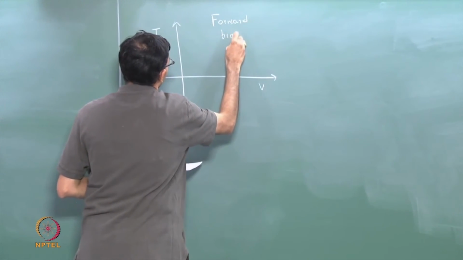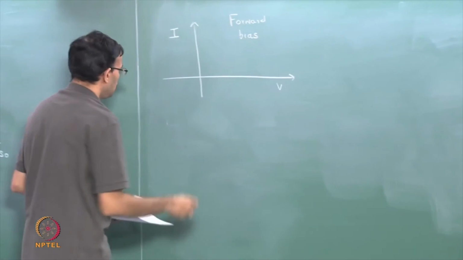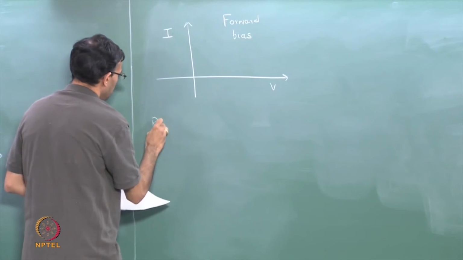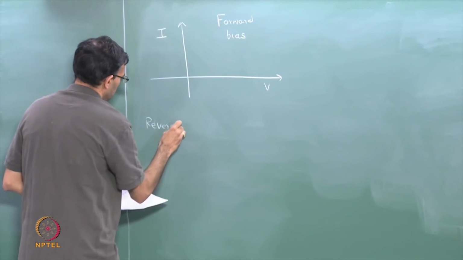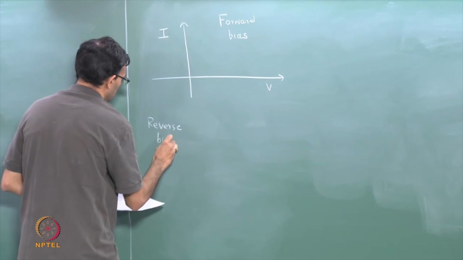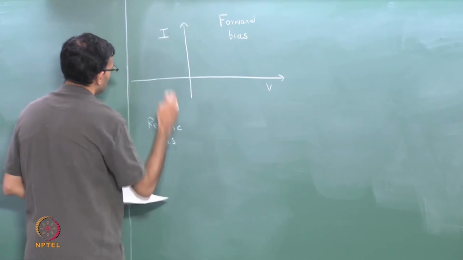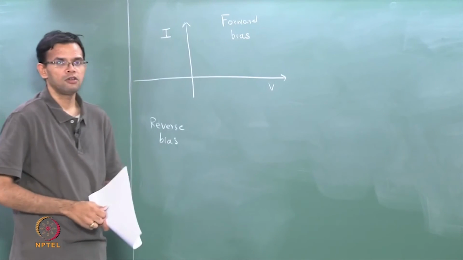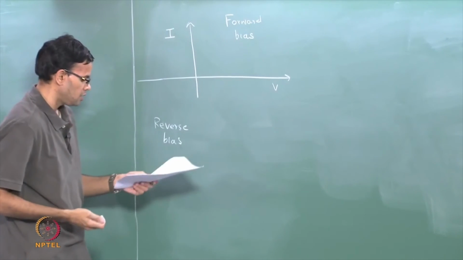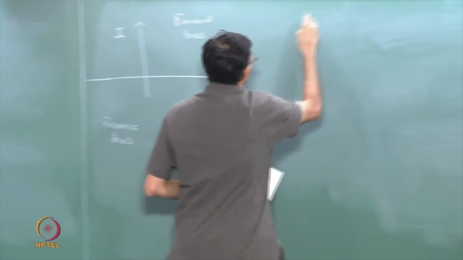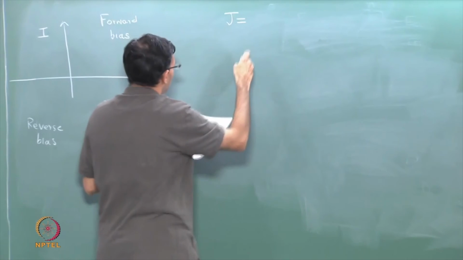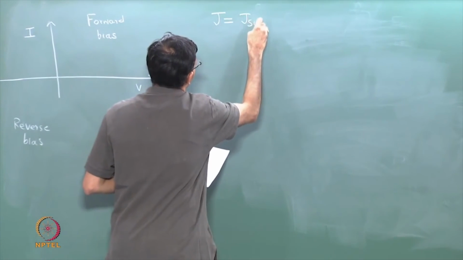So the first quadrant is your forward bias and the fourth quadrant is the reverse bias. Just extend this axis. So we found out that in the case of forward bias, we have a current that increases exponentially with the applied voltage.